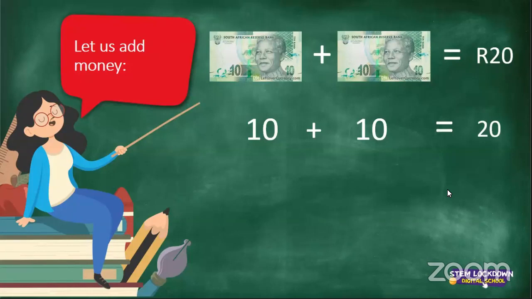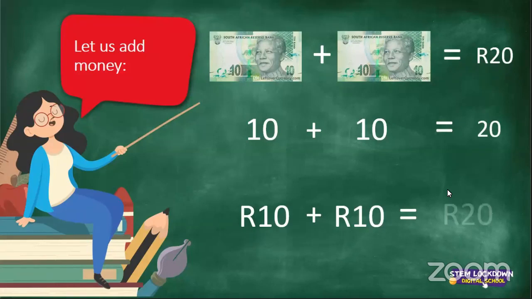So let's see how we write that as a sum. 10 rand plus 10 rand equals, what does 10 rand plus 10 rand equal? 20 rand. Good. Now let's see if your mummies and daddies are with you, or your grannies and grandpas, or any adults. Let's see if you can type that sum.